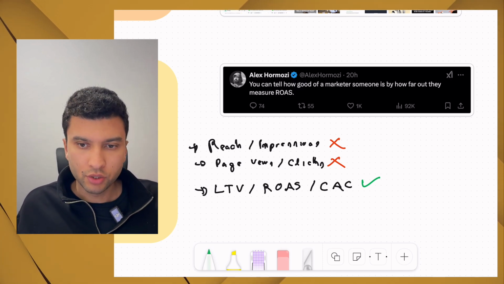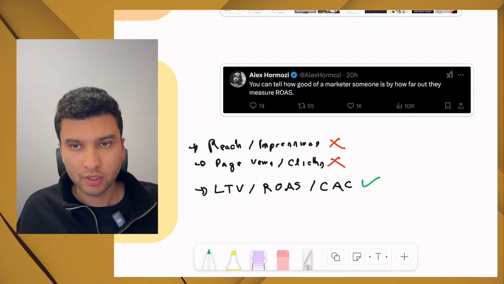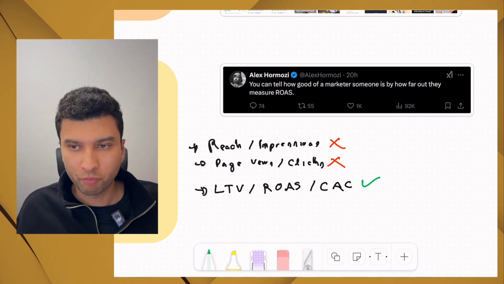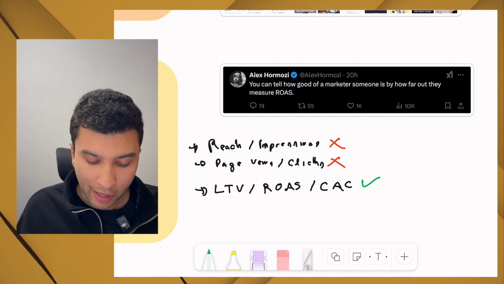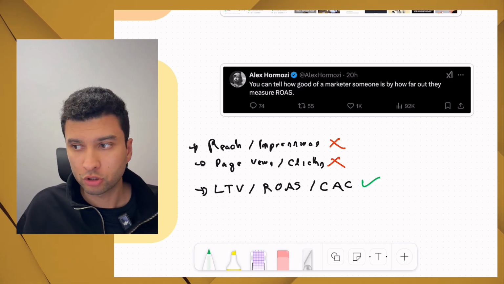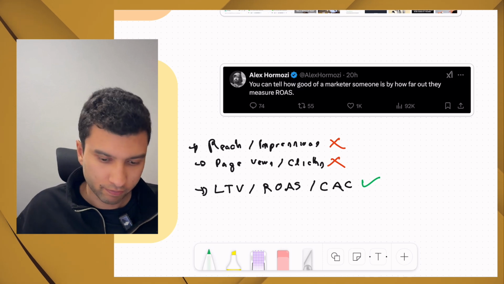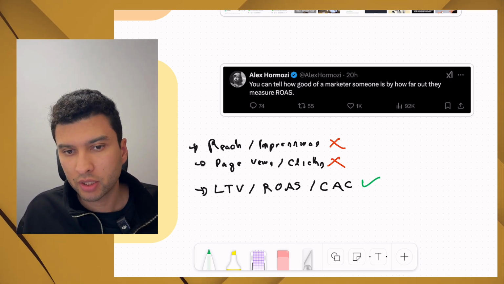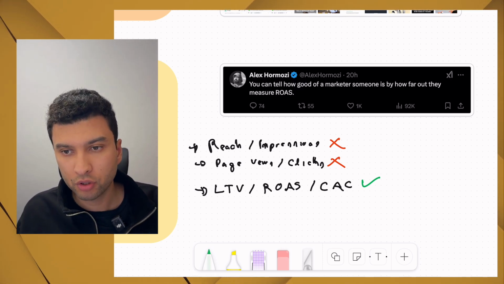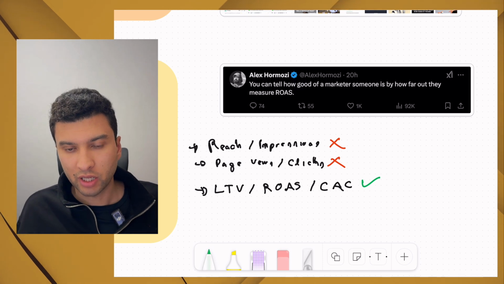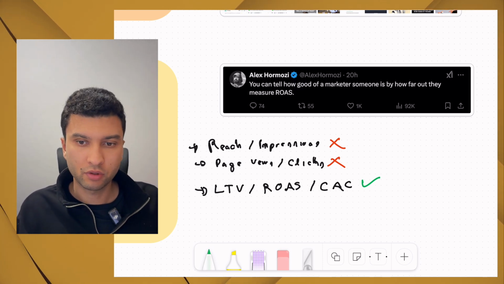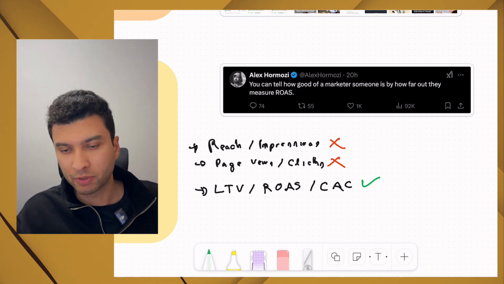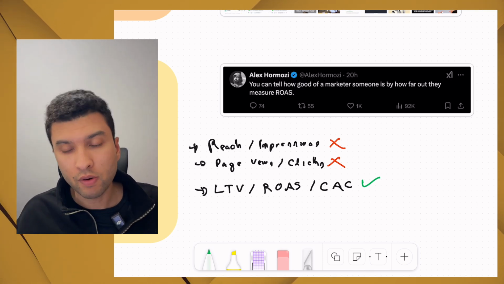And that's why here I mentioned LTV and CAC and ROAS, because you should always be looking at the whole picture and at the longer time horizon. So what I mean by this is not so much focusing on your return on the next 7 days or the next month, but understanding how much a customer is actually worth to you during the lifetime of the customer. Or considering ROAS not so much as 1 month ROAS, but in 6 month periods or 12 month periods or lifetime ROAS.